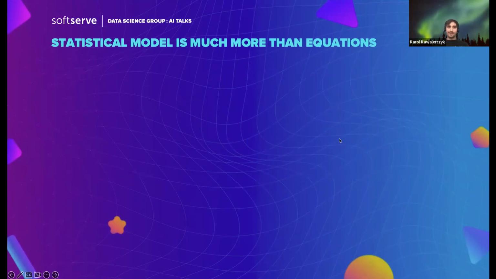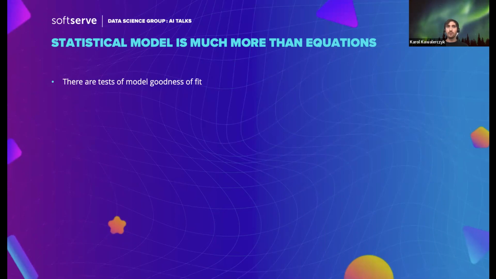Let's go back to the statistical model. Let me repeat it one more time. A statistical model is much, much more than equations. And we know that there are tests for goodness of model fit. We can get a mathematical way to check whether our model works well in terms of the model as a mathematical equation, how well it fits our data.